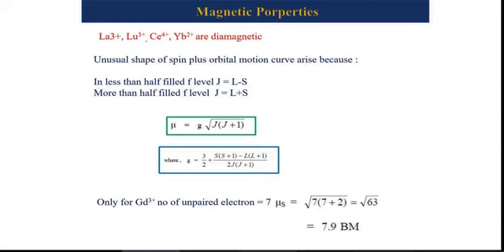Next is that in case of samarium and europium plus 3, why do the observed and calculated values vary? The answer is that in case of samarium plus 3 and europium plus 3, the spin orbital coupling results in 300 to 400 centimeter inverse, and this means that the energy between the ground state and the next higher state is too low. So what would happen is that even the thermal motion is sufficient to promote the electron from ground state to excited state.